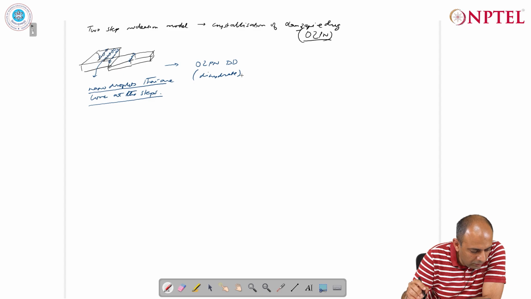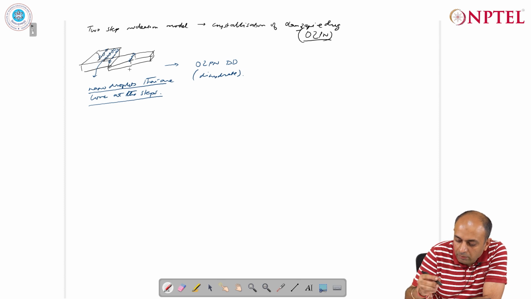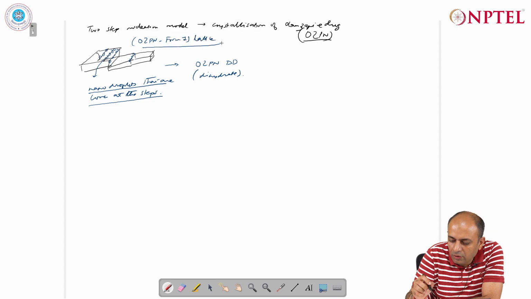So we are able to get this particular structure because we are starting with the OZPN form 1 lattice. So we have the OZPN form 1 lattice now, and that converts into the dihydrate OZPNDD.